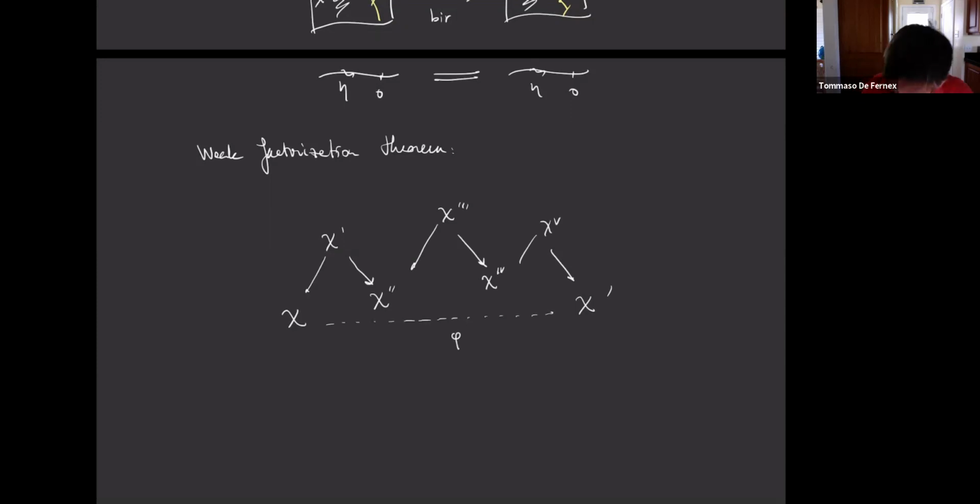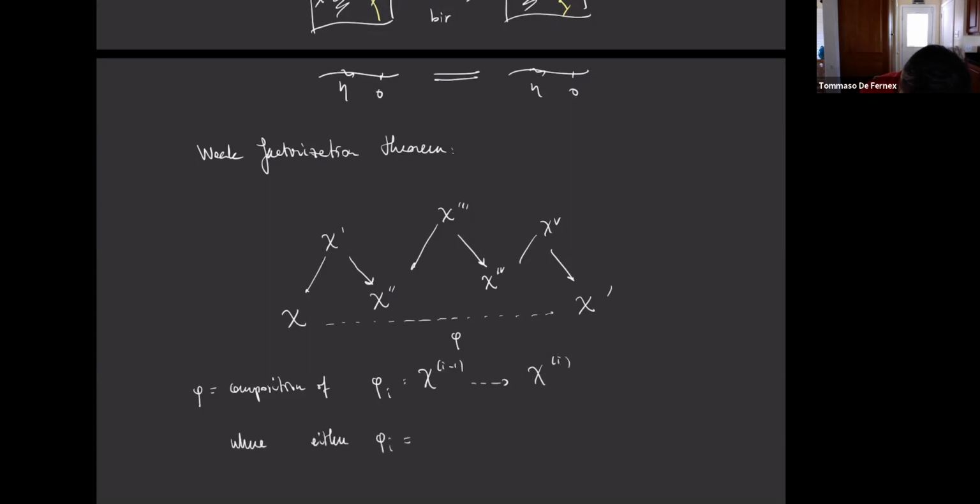So what I'm gonna do is I'm gonna break. So phi will become the composition of maps phi i from some model, phi i minus 1 to phi i, where either phi i is a blow up of some smooth center in Xi, or the inverse is a blow up of some smooth center on the other side.